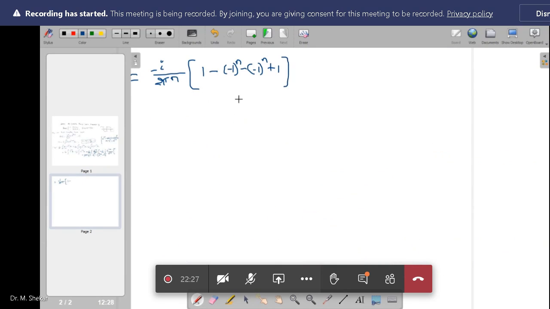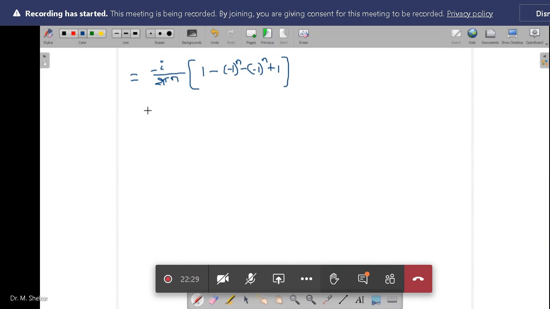So that becomes Cn is minus i divided by 2 n pi into 2 minus 2 times minus 1 power n, since 1 plus 1 is 2. Finally, I can multiply this negative inside and take 2 common in the numerator, so that the 2 gets cancelled.